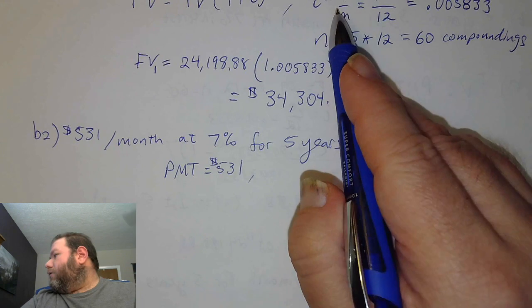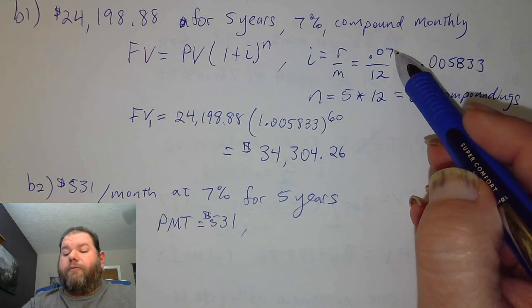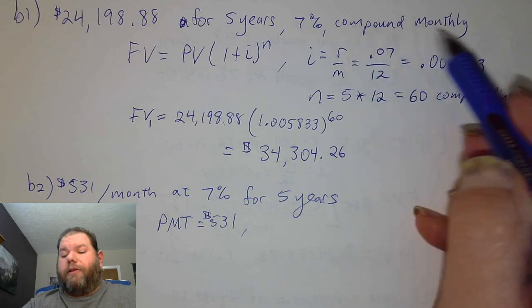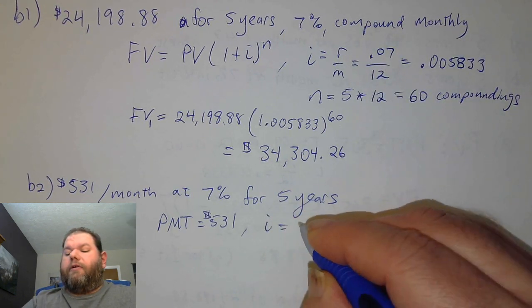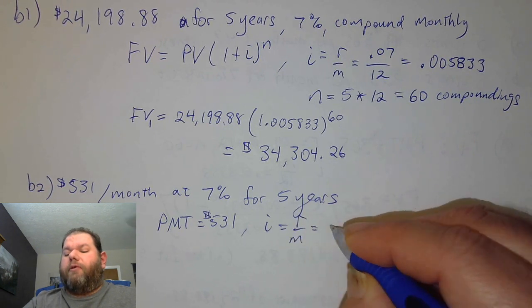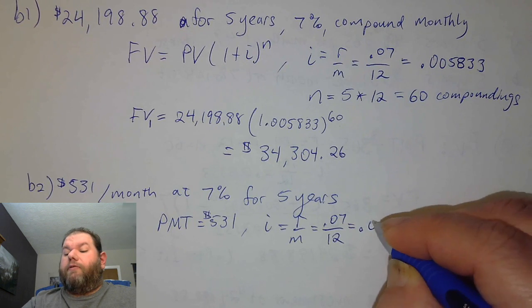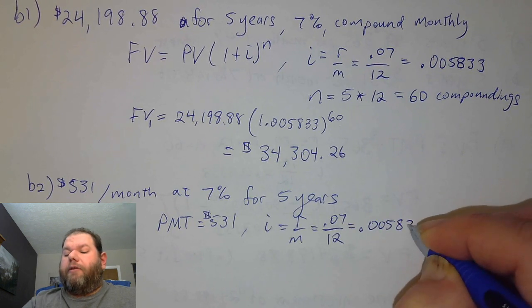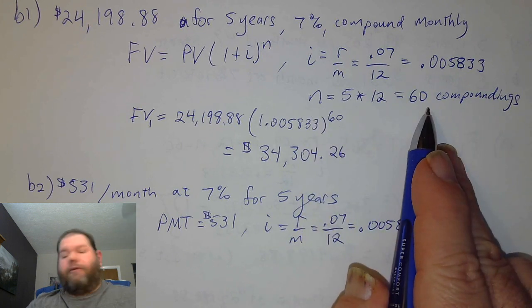Now, we'll actually end up using the same I value, 7% with monthly compounding, so I is R over M equals 0.07 over 12, 0.005833, and we'll still use n equals 60 compoundings.